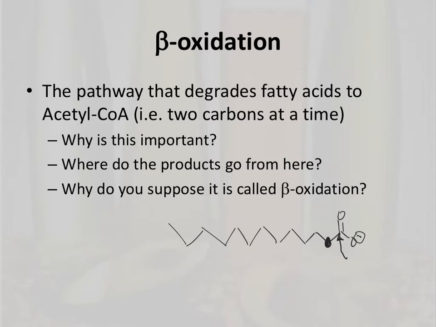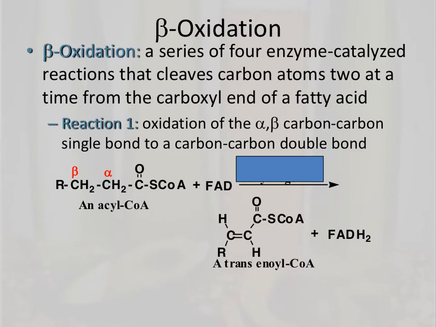So beta is actually carbon number 3. But that's ground zero, so this one's alpha. So that one right there would be beta. And it lets you know what's occurring at carbon number 3, the beta carbon. If it's beta-oxidation, it's being oxidized. Yeah, don't overthink it. All right. So here we go.